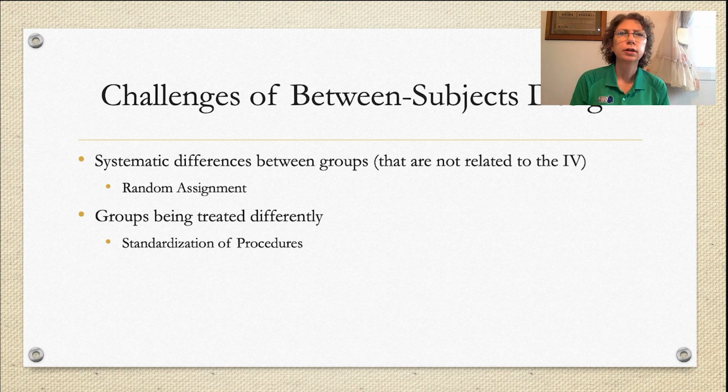There's another issue that can come up in between subjects design, and that's if the groups are being treated differently. For example, if you had different teachers for each of those Intro to Psych courses, right? A different teacher for the hybrid course compared to a teacher for the online course and the face-to-face course, they might teach differently, right?